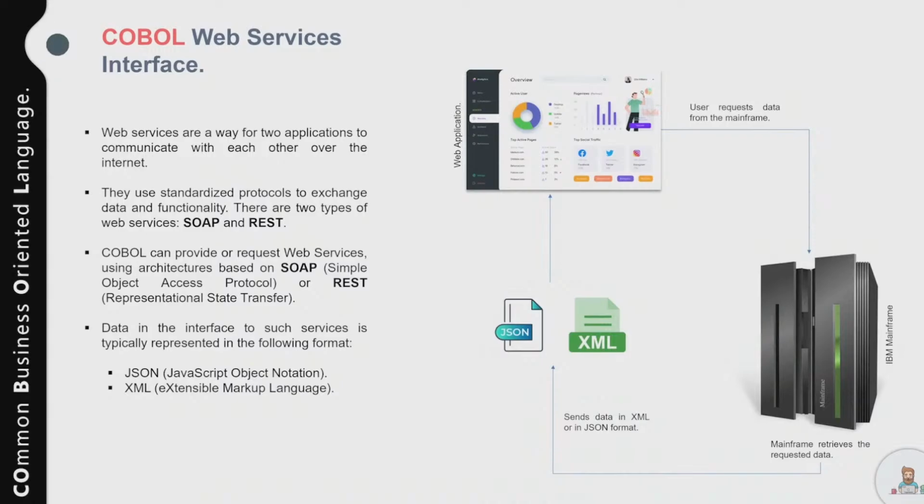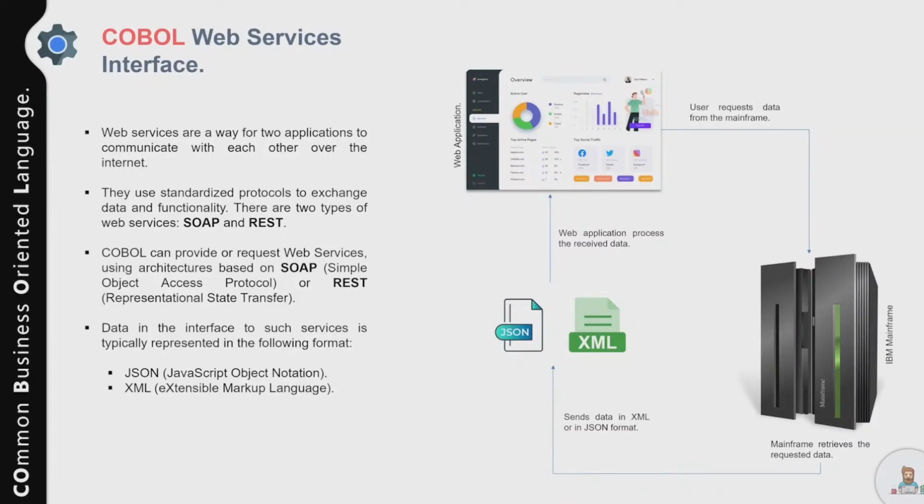Now let's try to understand with the help of an example. We have a web application which is hosted on a non-mainframe platform, and we have a COBOL application which is hosted on the mainframe. If you look at the example, you will clearly understand that a user has initiated a request from the web application to get data from the mainframe. The mainframe received the request, and the application hosted on the IBM mainframe processed that request, generated the output in the desired format, and sent the response back to the web application.